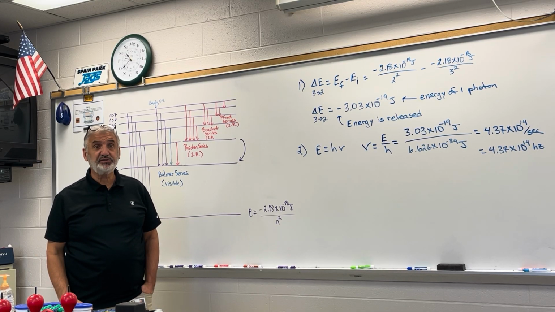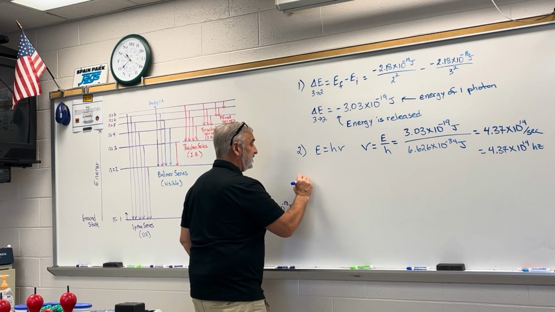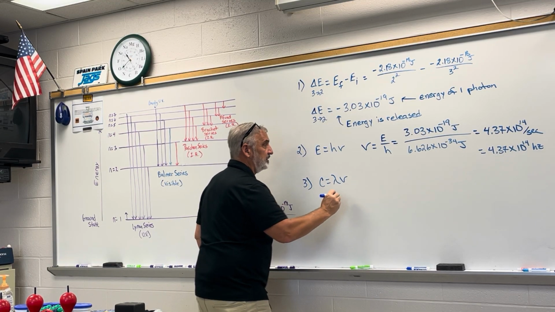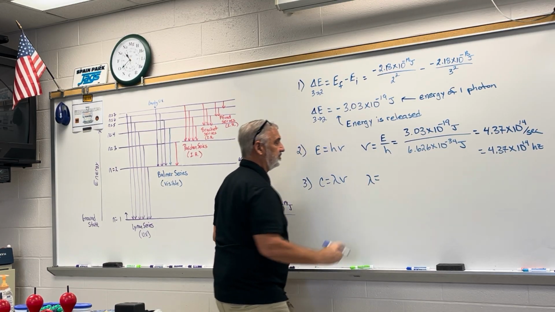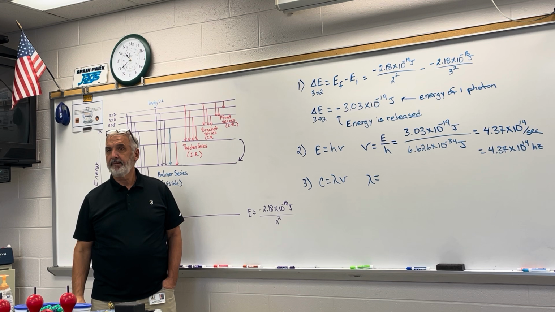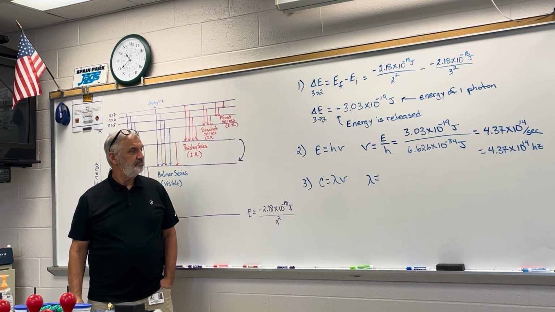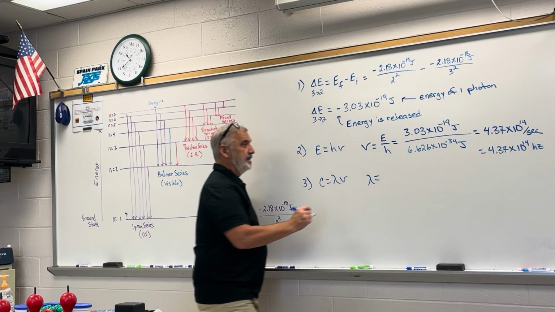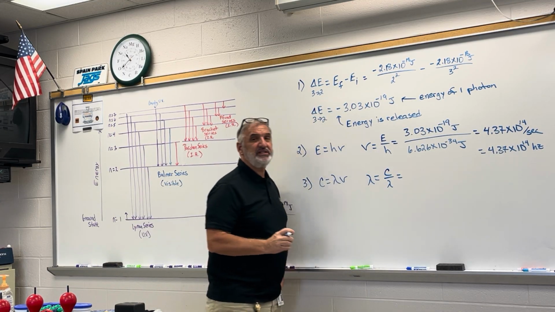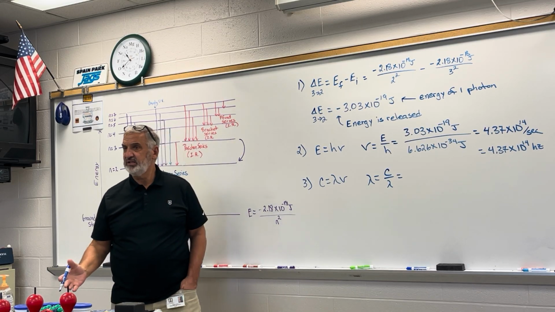That's the wave characteristic. But frequencies have wavelengths. So c is equal to lambda nu. So what's lambda going to equal? Okay? c over nu, right? Now, anybody remember what c represents? It is a constant.